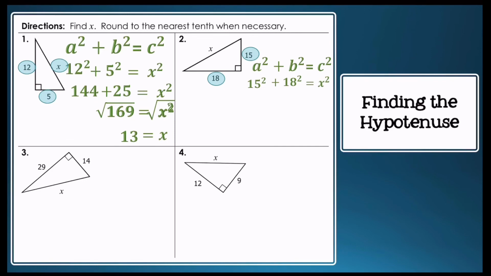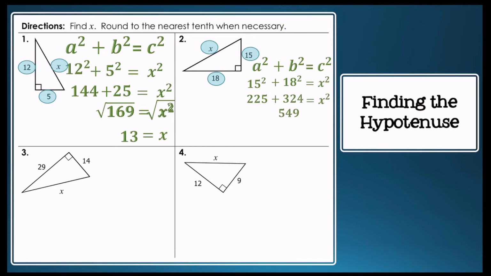Now I have equals x squared. Where did I get that x from? Well, that is my hypotenuse. That is the side opposite the right angle. Okay? So let's go through and do the math. 15 squared is 225. 18 squared is 324. That's still going to equal x squared. That's what I'm looking for.